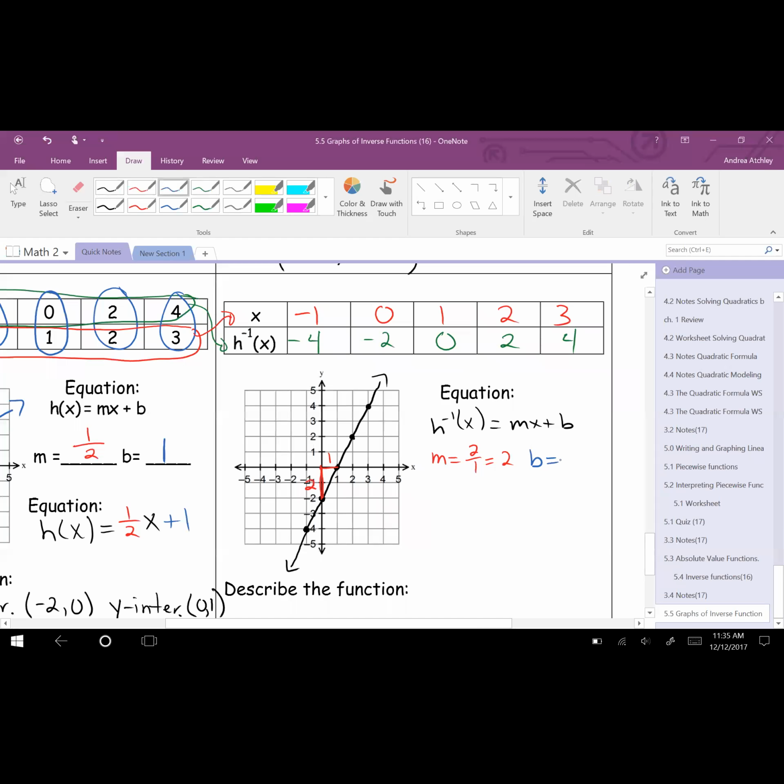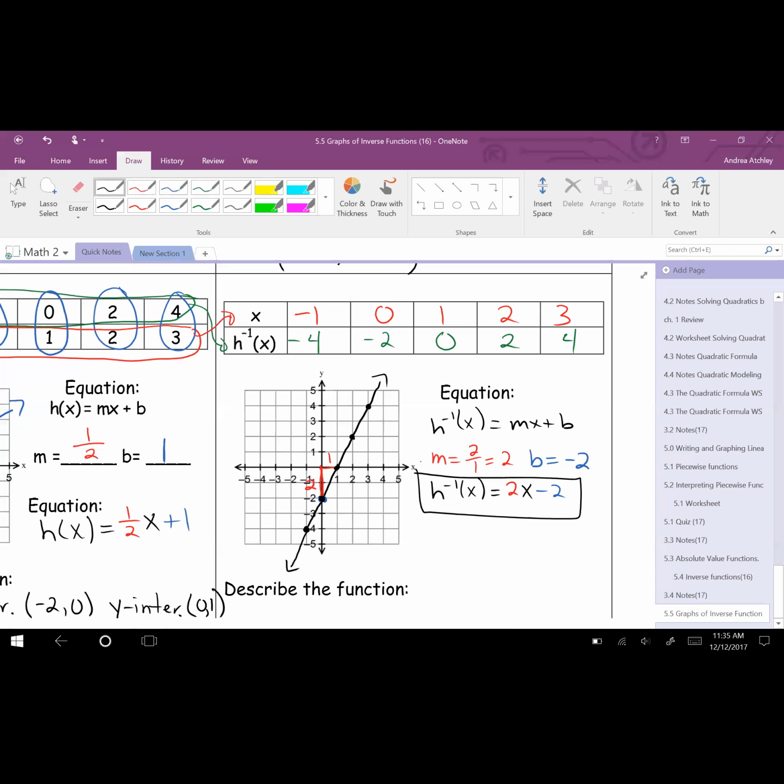And our y-intercept now is at -2. Any questions over that? So we're going to get the inverse of h of x equals 2x minus 2. Any questions? We're all good?